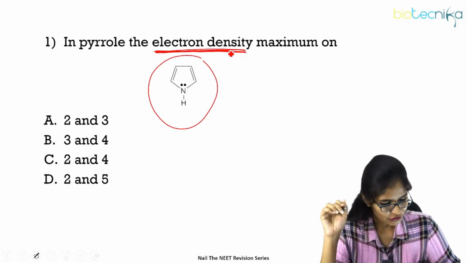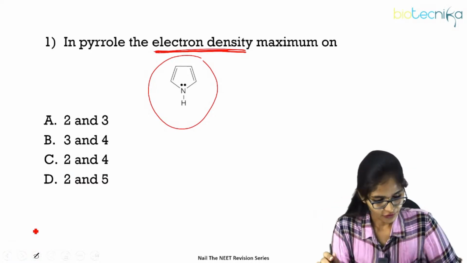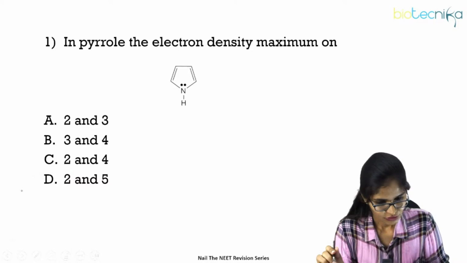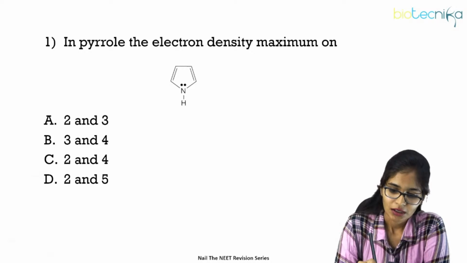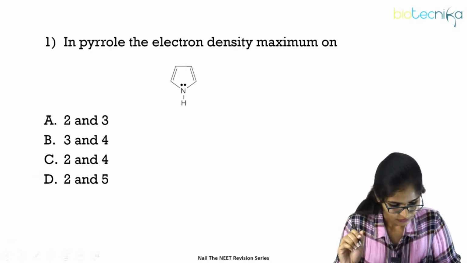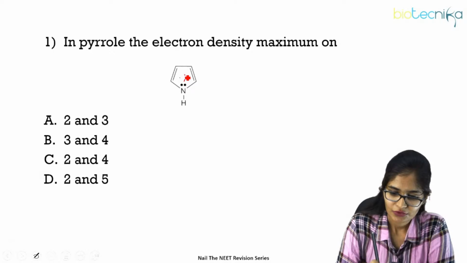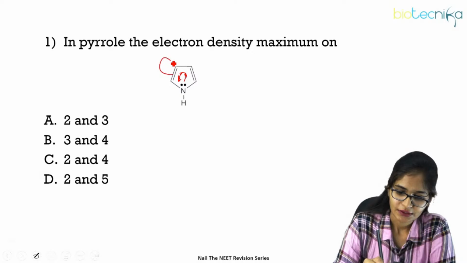Okay, so let me show with the resonating structures here. For resonating structures of pyrrole, how can you show? Firstly, the lone pair of electrons present on the nitrogen is donated. So first these electrons are donated here, and now this bond is shifting here.